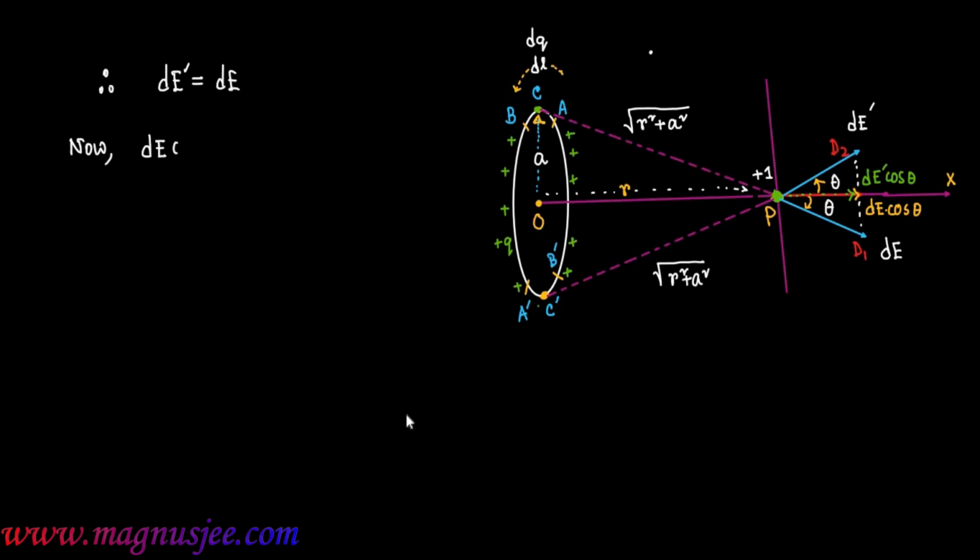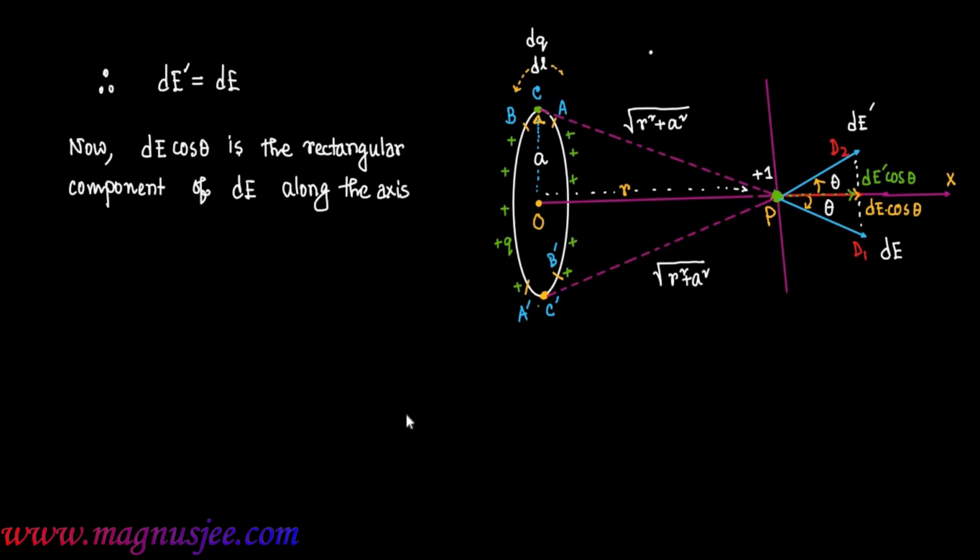Now the rectangular component dE cos theta is the rectangular component of the field intensity dE along the axis OX at the point P on the axis of the ring.